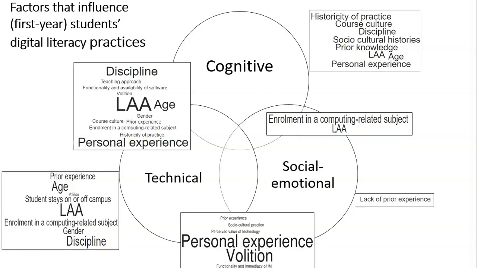And you will notice that there is also some lack of prior experience. So sometimes students are not using a particular tool, they're not engaging in a particular social practice because they don't have prior experience of that. And with these students, as they were first year students in this research, I was also looking at whether they had enrolled for any computing related subject at high school.